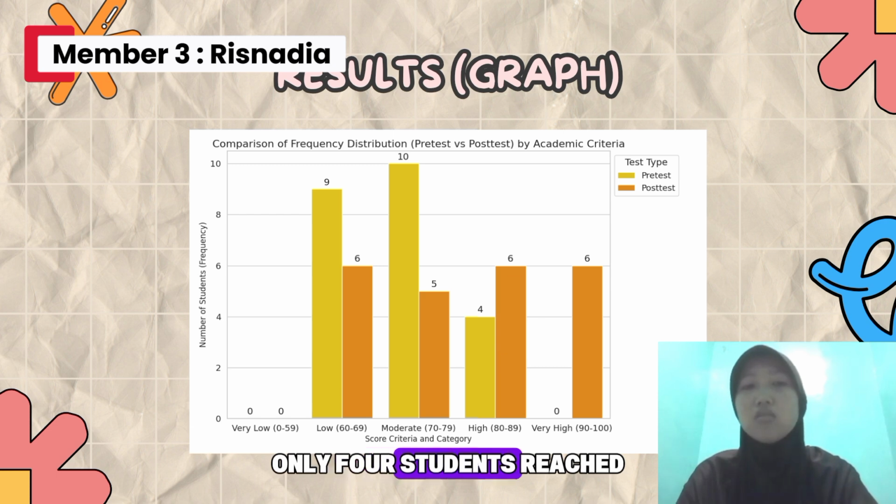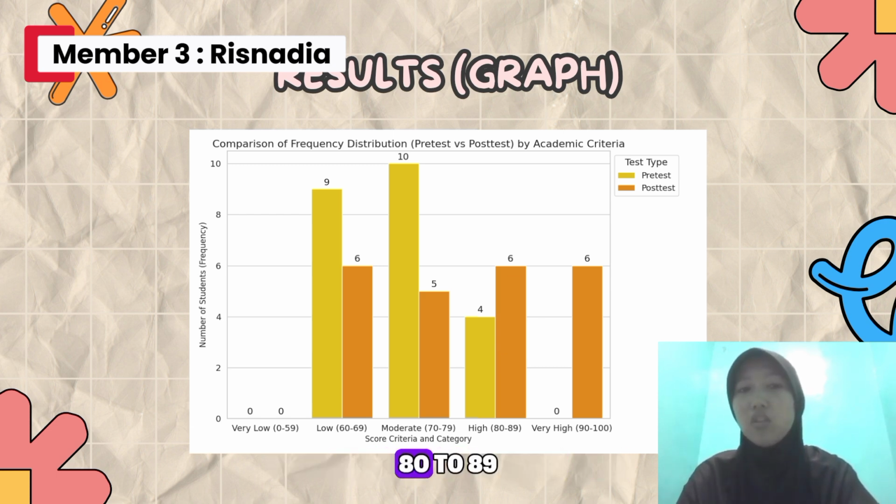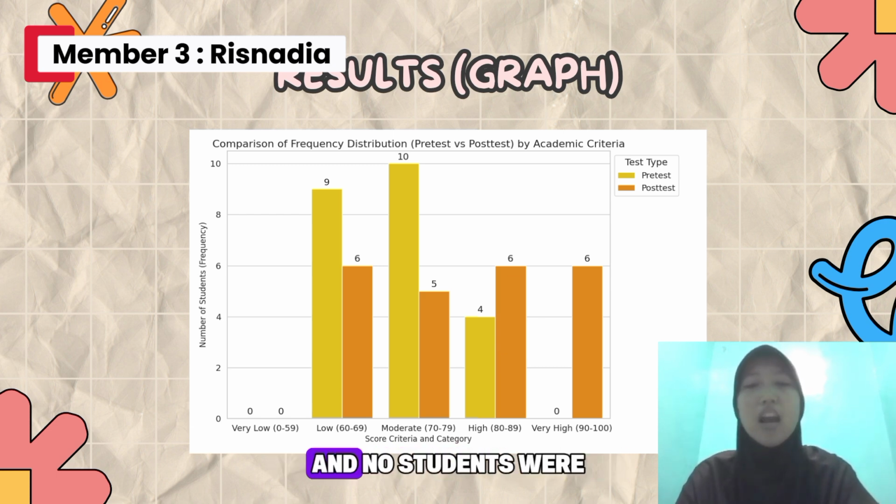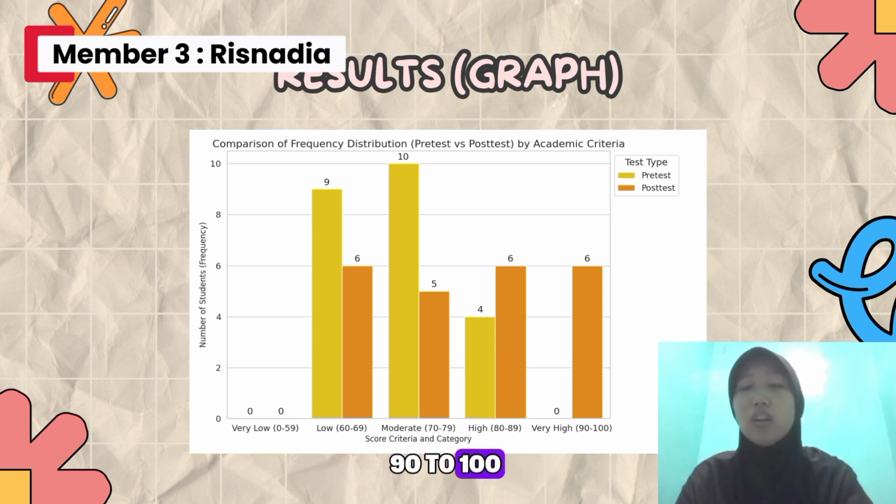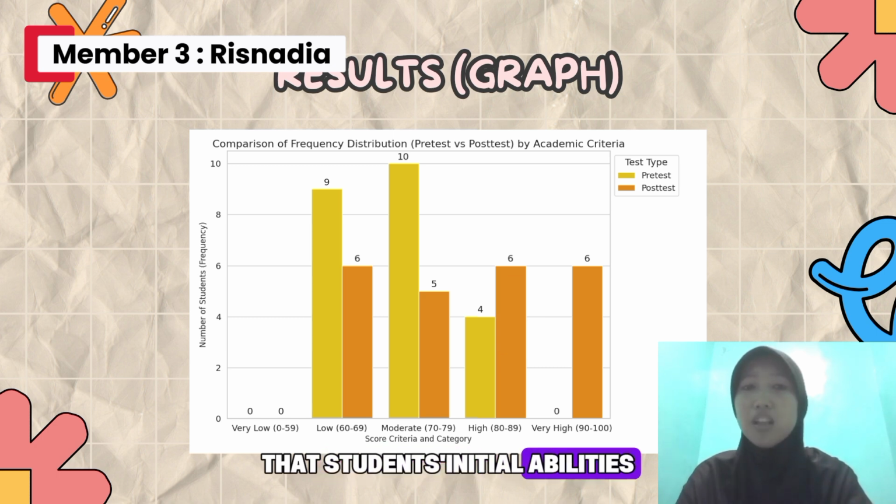Only 4 students reached the high category, 80 to 89, and no students were in the very high category, 90 to 100. This condition indicates that students' initial abilities were relatively suboptimal.